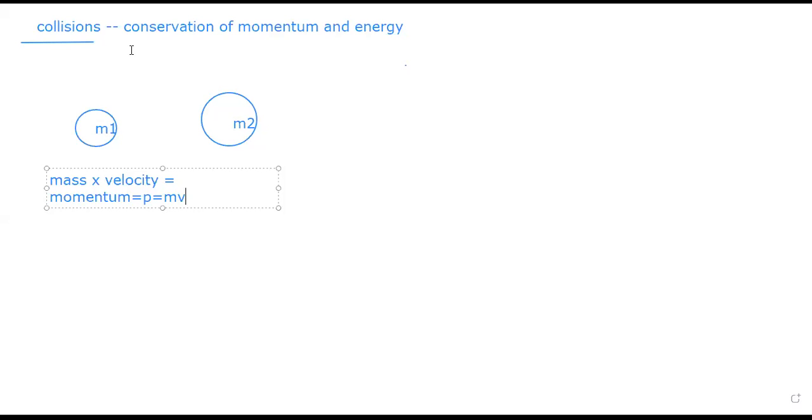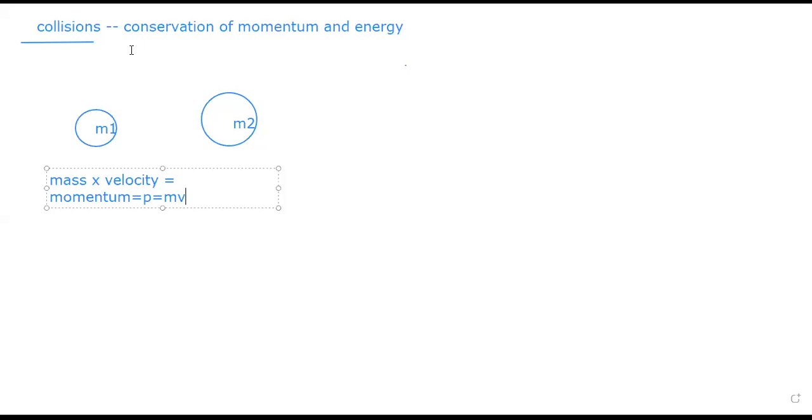Ball hits the ground or wall and bounces back. This is a collision. So we observe many types of collisions in our daily life.